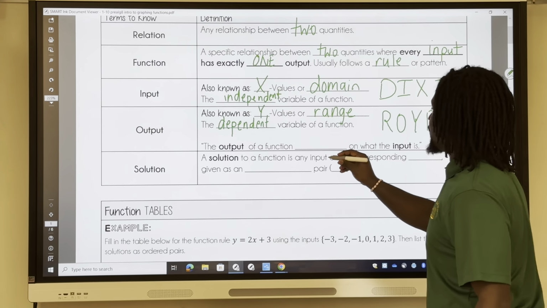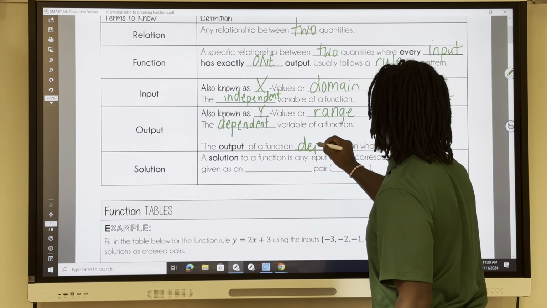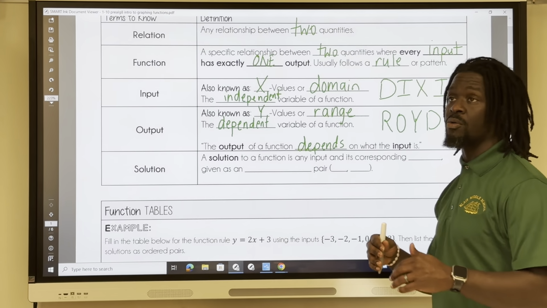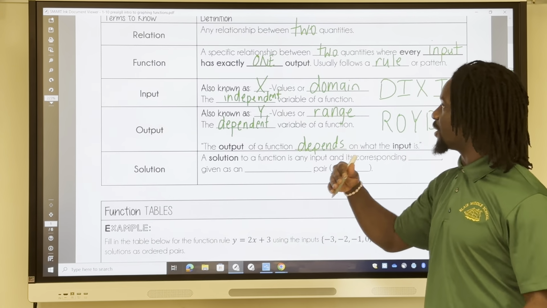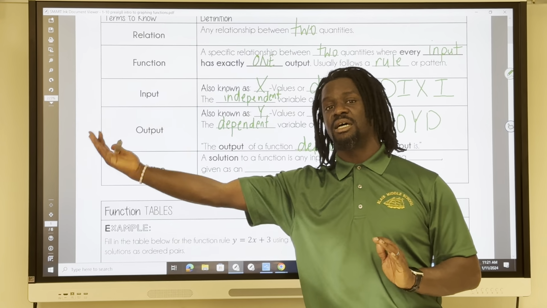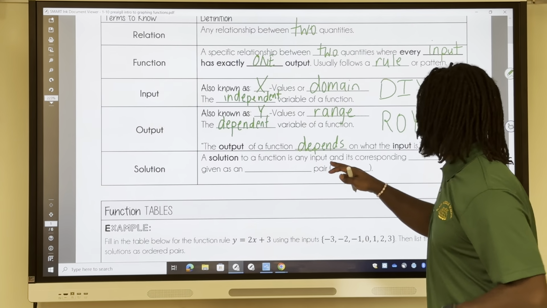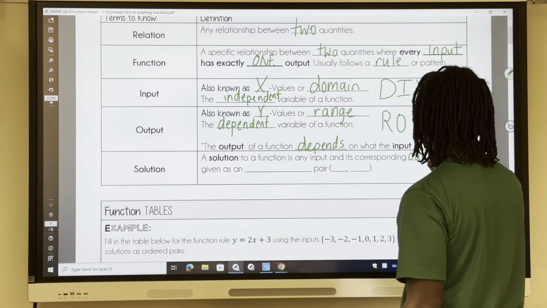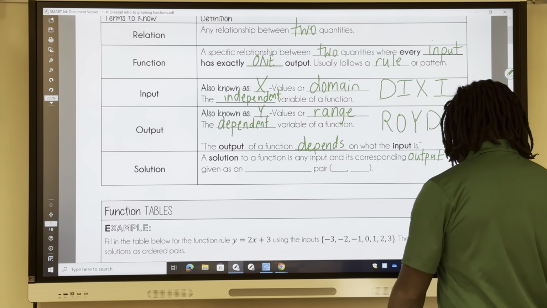The output of a function depends on what the input is. That's going to be important when we talk about the independent and dependent variable. We're going to talk about that more at the end of this unit.